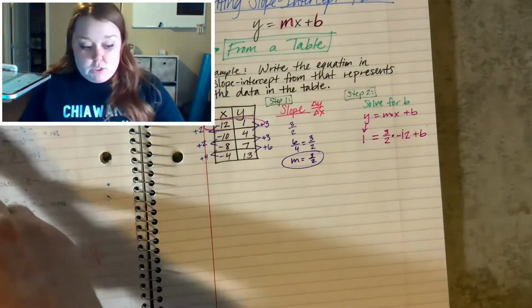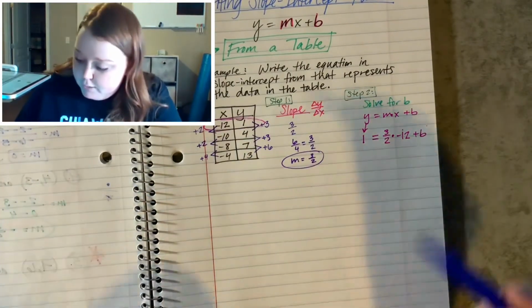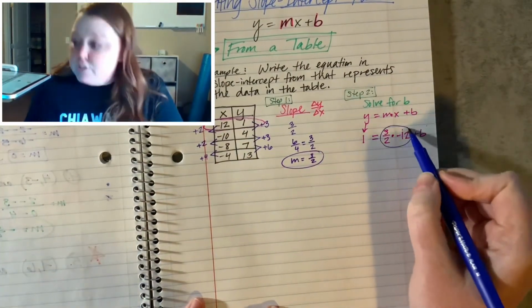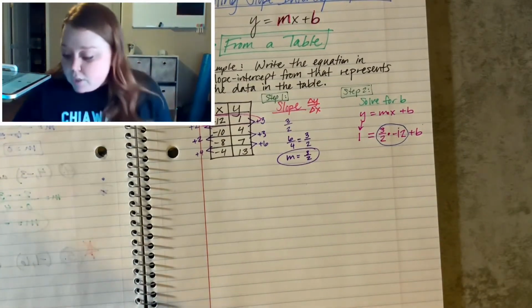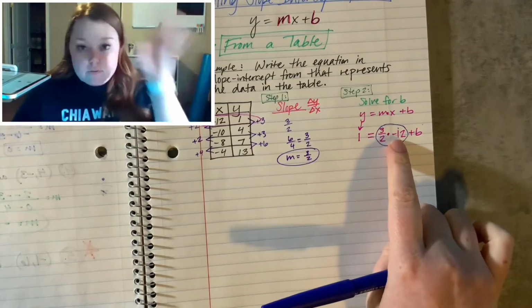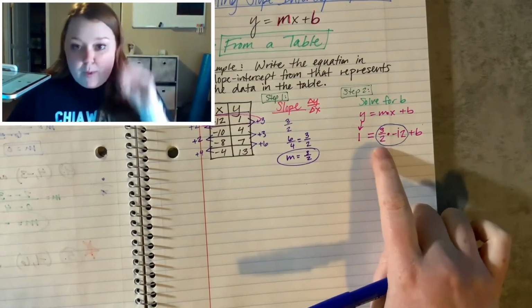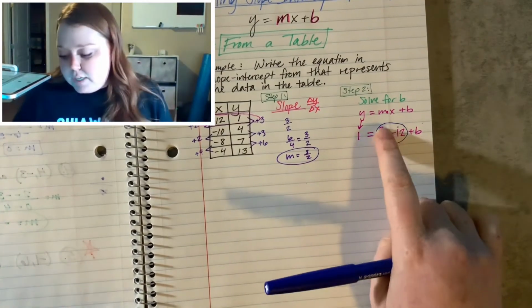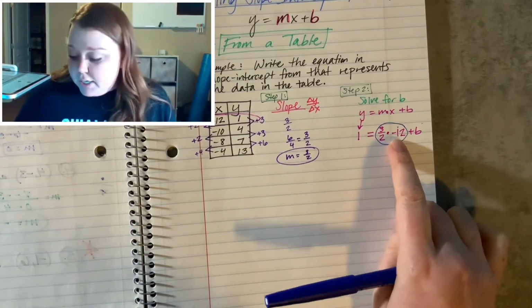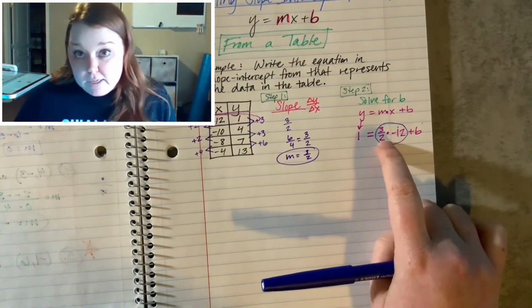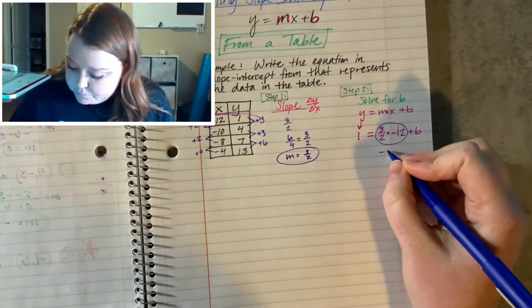So now we're going to solve for b. Okay, looks like I got some fractions to deal with. Don't be scared. Go get your calculator. 3 times -12, you take that, you divide by the bottom. 3 times -12 is -36. -36 divided by 2 is -18.